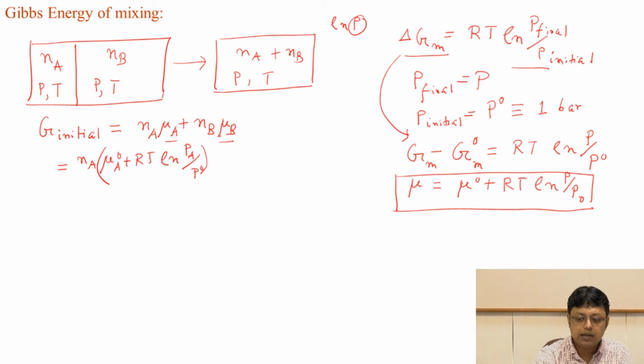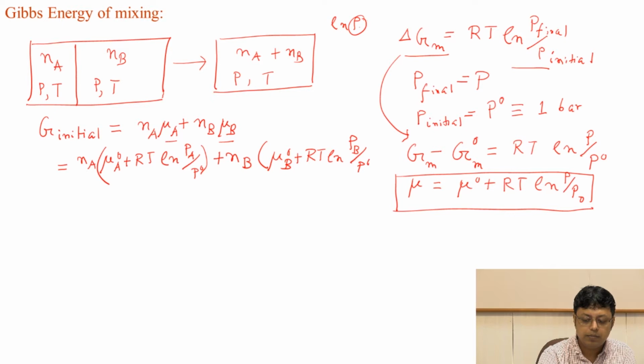The idea is that it is expressed in units of bar, which means we are dividing it by 1 bar. And similarly for Nb, component B, we can write mu_B0 plus RT ln(P_B/P0).